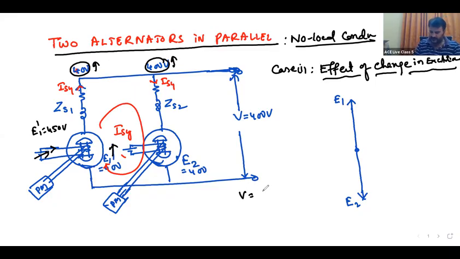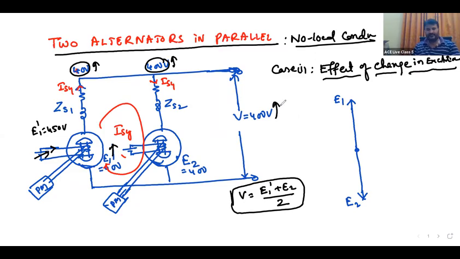V is equal to E1 dash plus E2 divided by 2. When the excitation of machine 1 increases, the terminal voltage increases, and the two terminal voltages will be equalized.